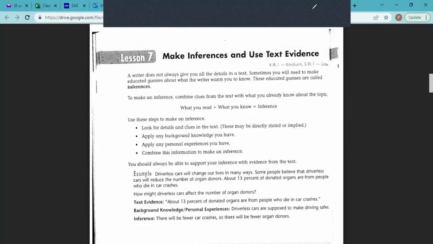If you want to do some more homework and reading, making inferences and using text evidence, we talked a lot about inferences. This would be a really good lesson for you to do on your own. Any homework that you do, please make sure that you write it down.